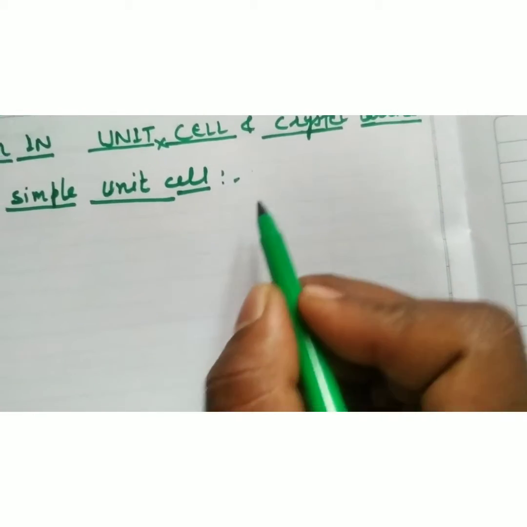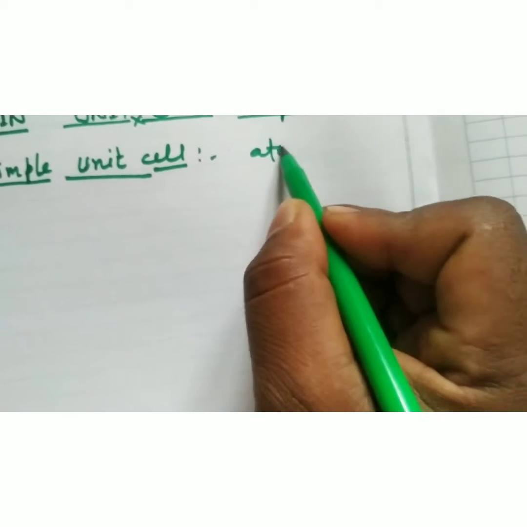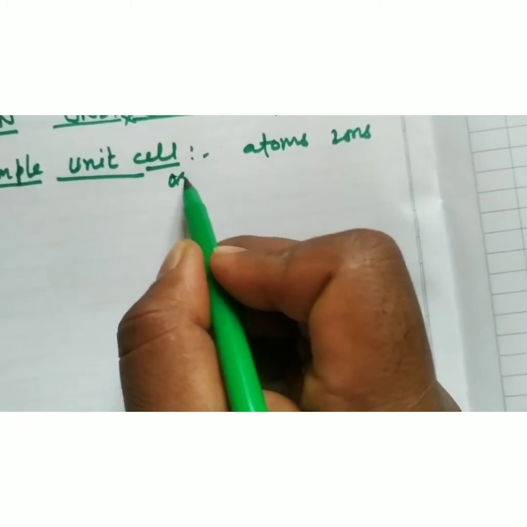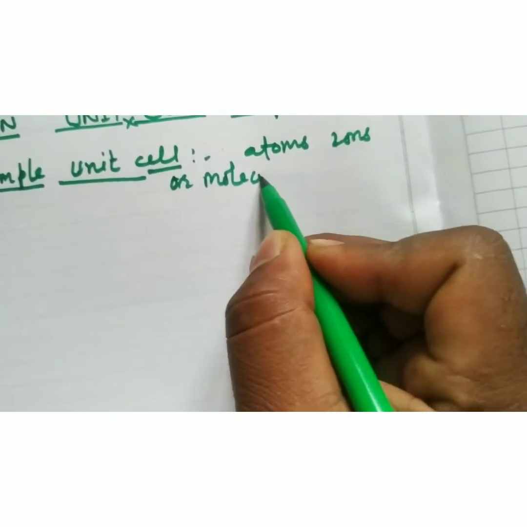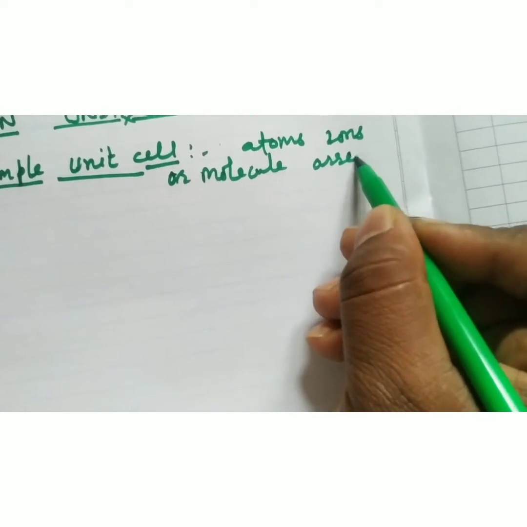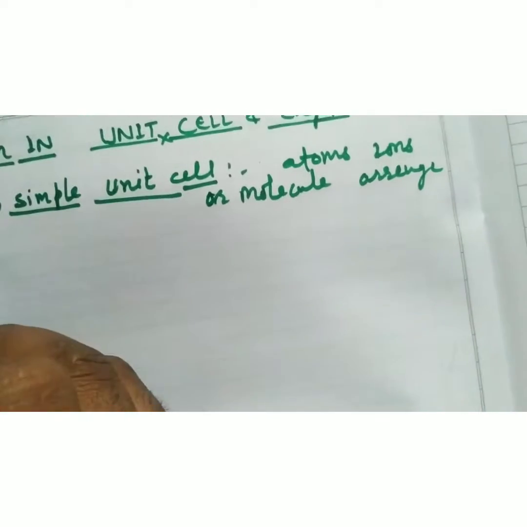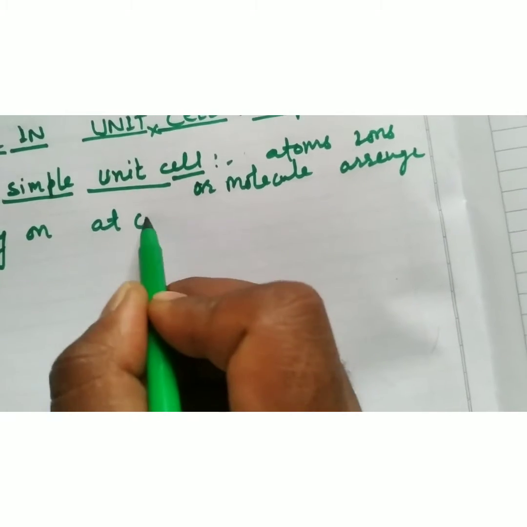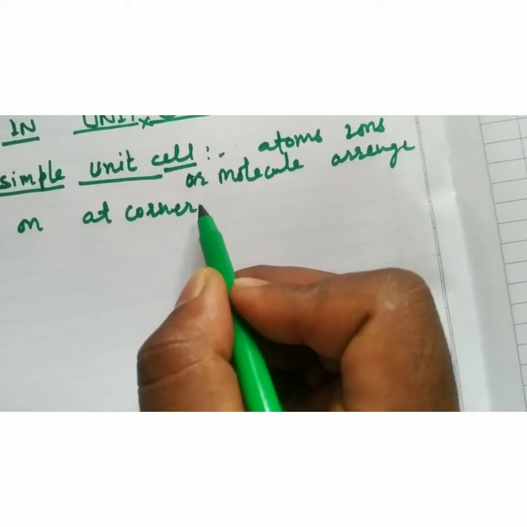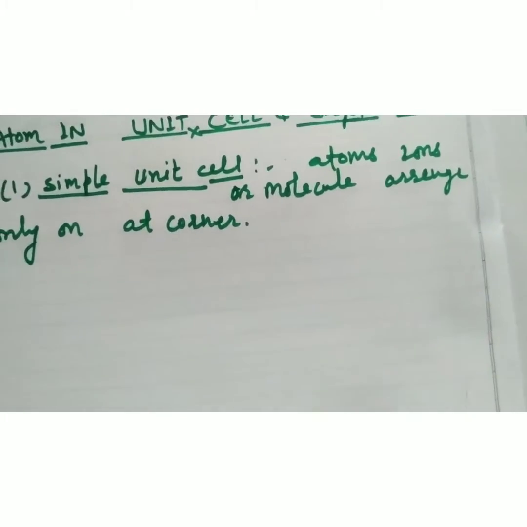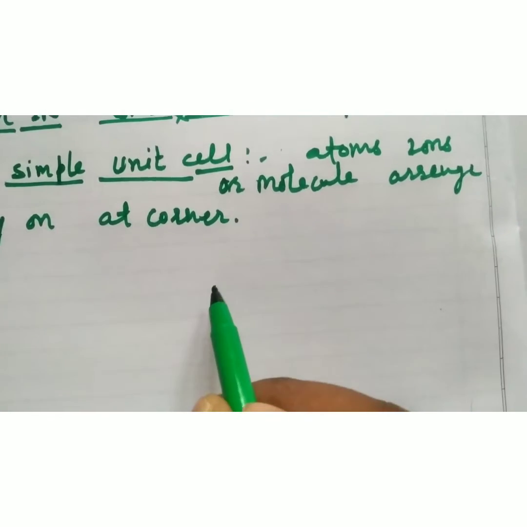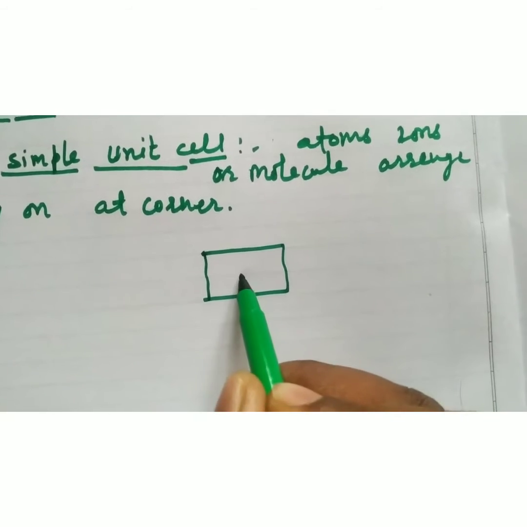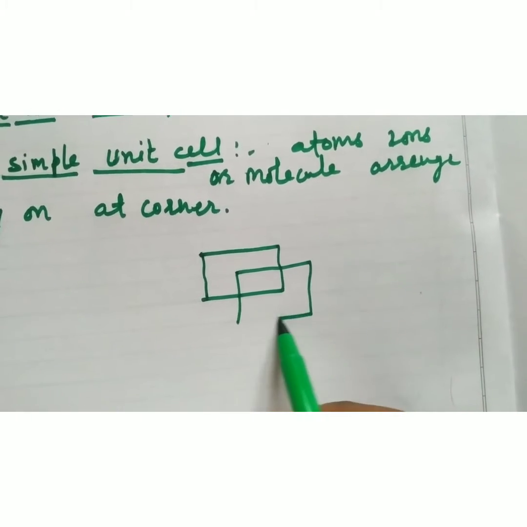In a simple unit cell, atoms, ions or molecules are arranged only at the corners. This is the identification of a simple unit cell. Clear? Suppose we take the example of a simple cubic lattice.